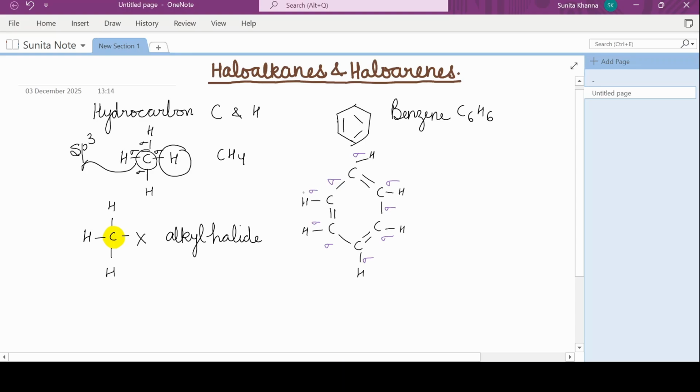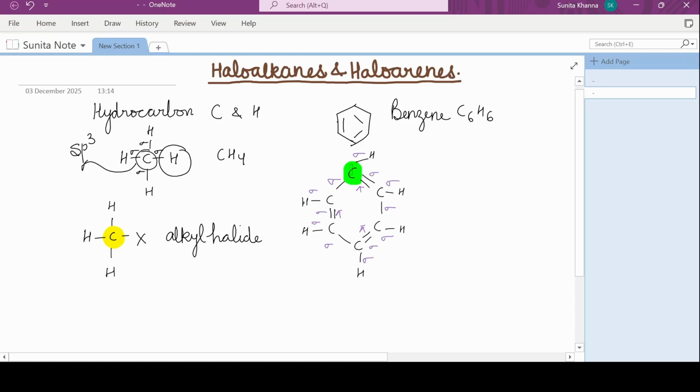A single bond is always a sigma bond. And where we have a double bond, one bond is sigma and the other bond is pi. So it is 1 sigma 1 pi, 1 sigma 1 pi, 1 sigma 1 pi. So if we see here the carbon atom, here is this one.